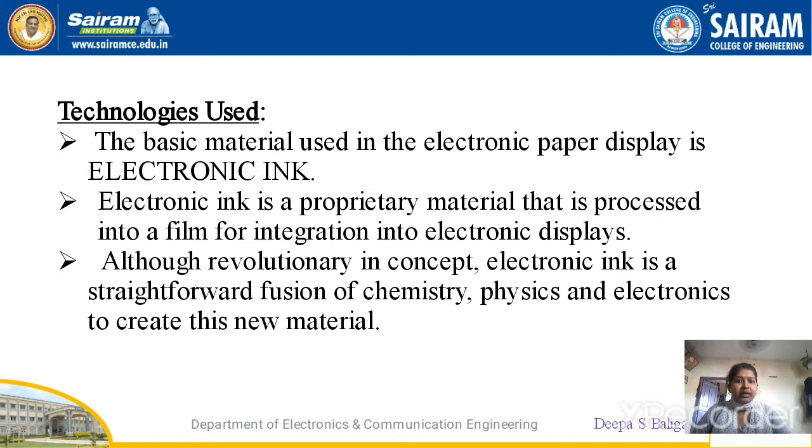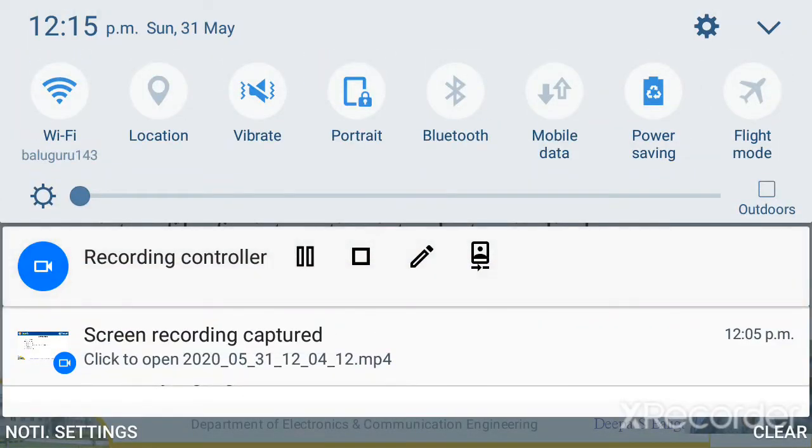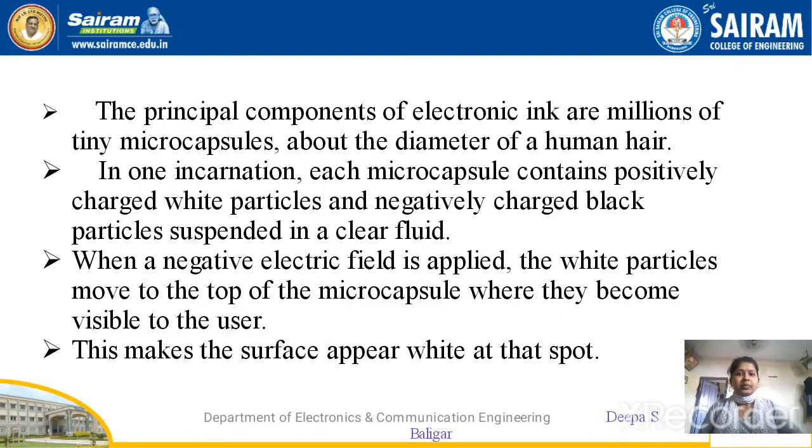Electronic ink is straightforward chemistry and physics, and it creates a new material. The principal components of electronic ink are millions of tiny microcapsules, micrometers in diameter, and there are many types of electrophoretic display.